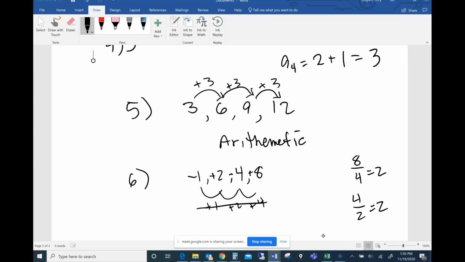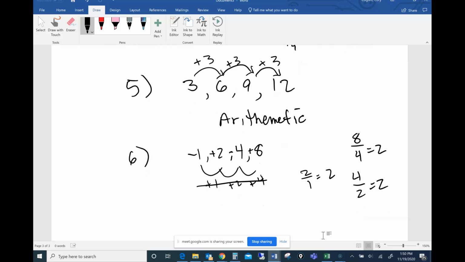And if you take the second number and divide it by the first number, you also get a 2. So these 2's are what's called the common ratios. So this one definitely has to be a geometric, and it's actually being multiplied by a negative 2. It's because the sign keeps changing, right? So negative 1 times negative 2 is positive 2.